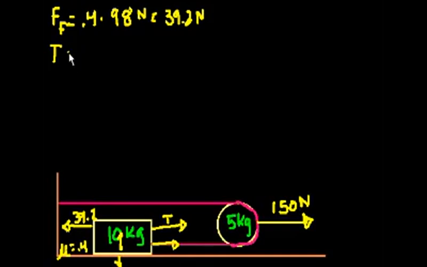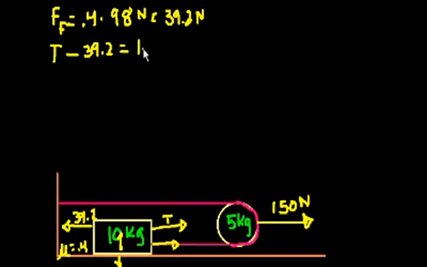So the force of tension minus the force of friction, which we figured out to be 39.2 newtons, is equal to the net force, at least in the left-right, or horizontal, direction on this object. And that's going to be equal to its mass times its acceleration, right? The net forces on an object are equal to its mass times acceleration. That's Newton's second law. So what's its mass?